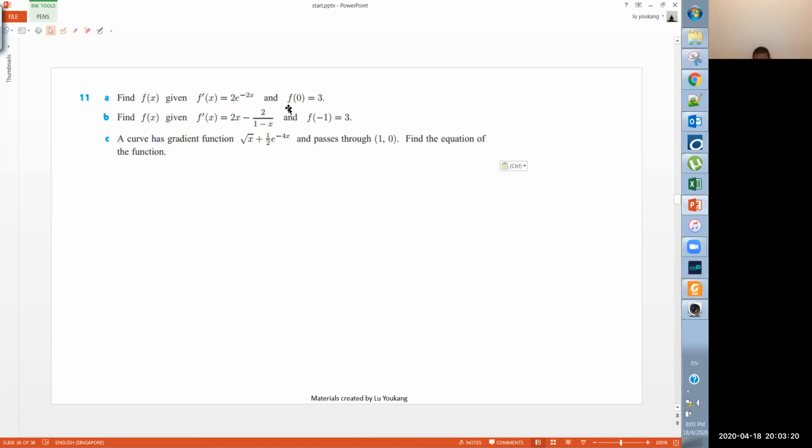So it says a curve has a gradient function. Wait, I need to go to the toilet real quick.